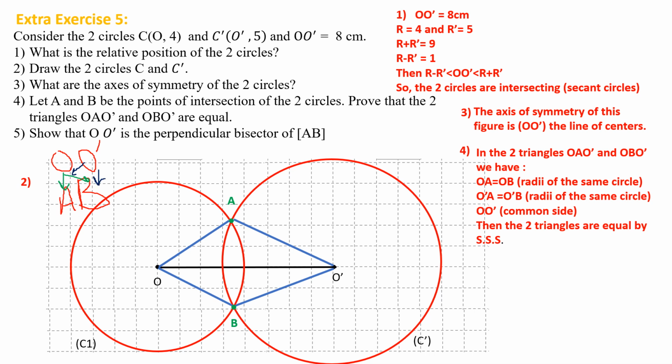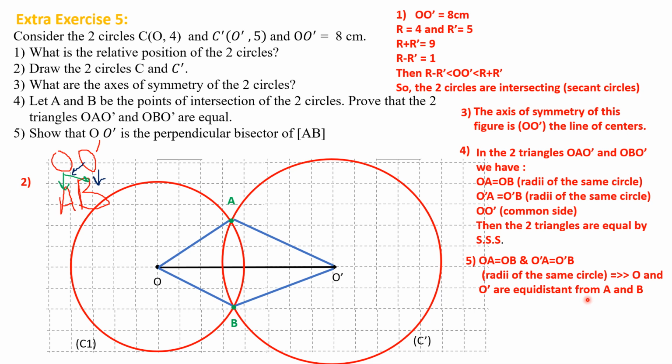Okay, let's look at the figure. Is OA equal to OB? Yes, it's true, because they are radii of the same circle. Is O prime A equal to O prime B? Yes, because the radii of the same circle are equal.